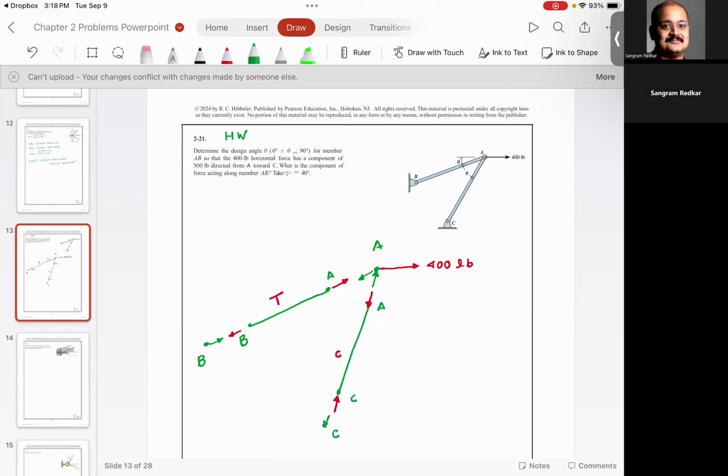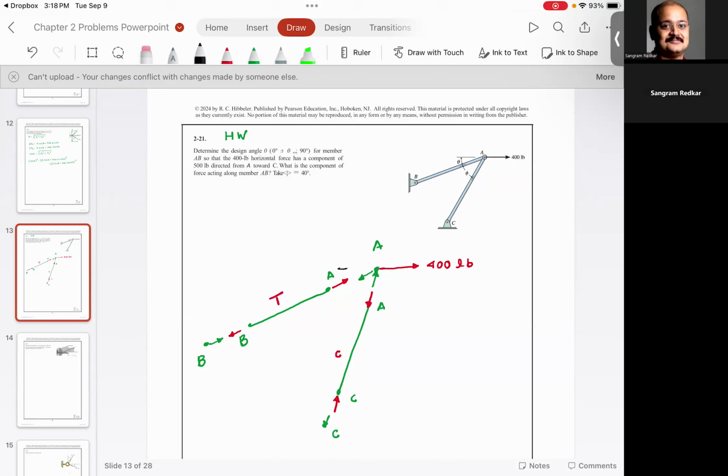These internal forces came into being because we are freeing the body. If these bodies were to be combined, this red force would cancel out the green force, and so on and so forth. The only force system that would exist is the one shown in the figure. Everyone understood this?